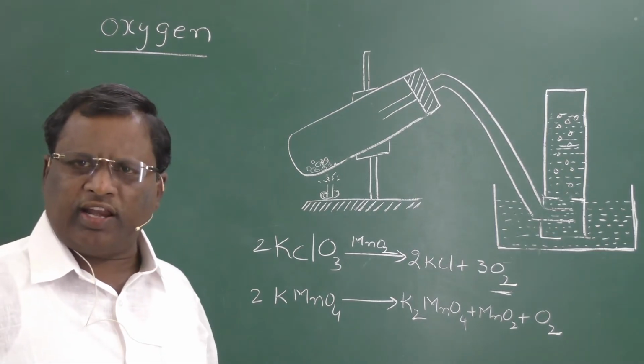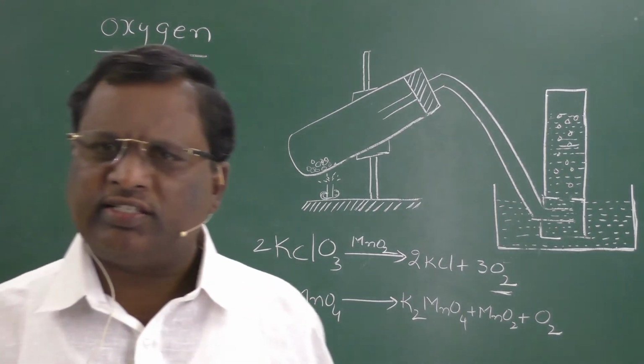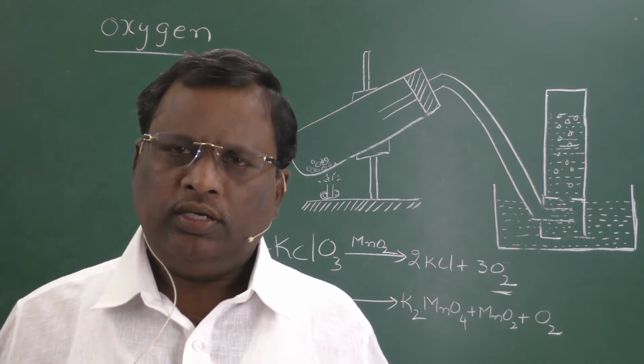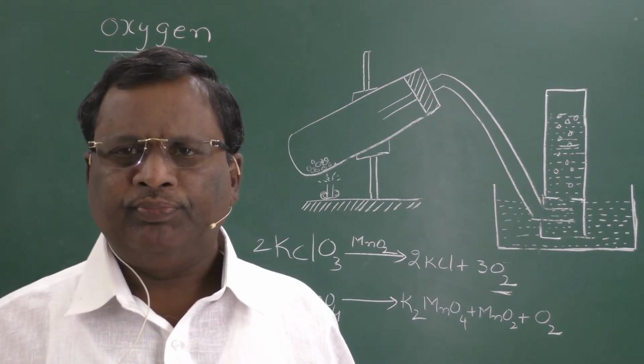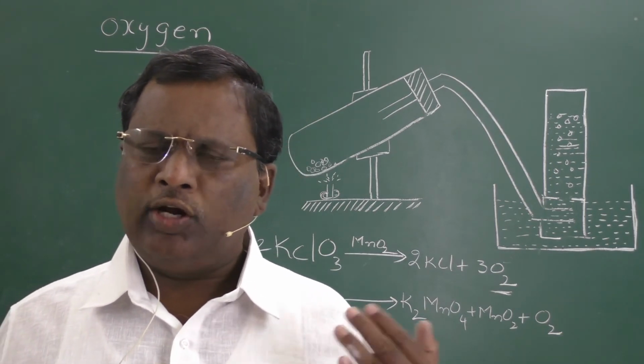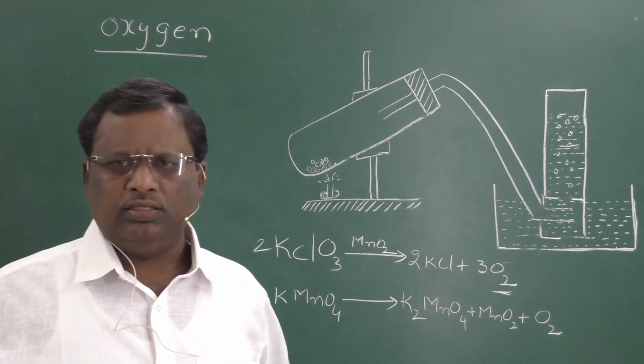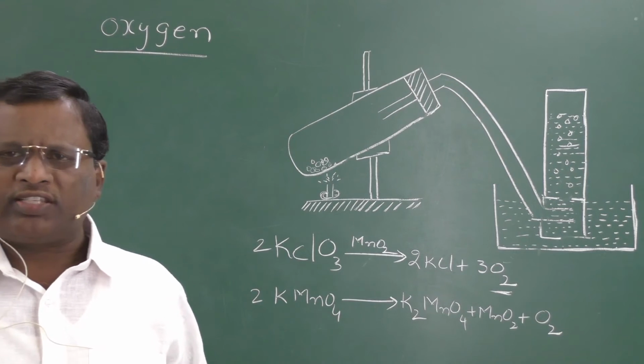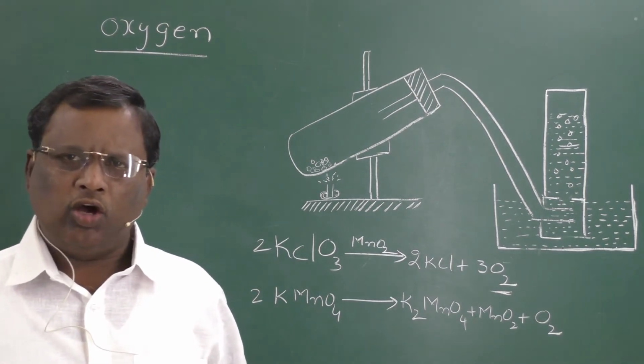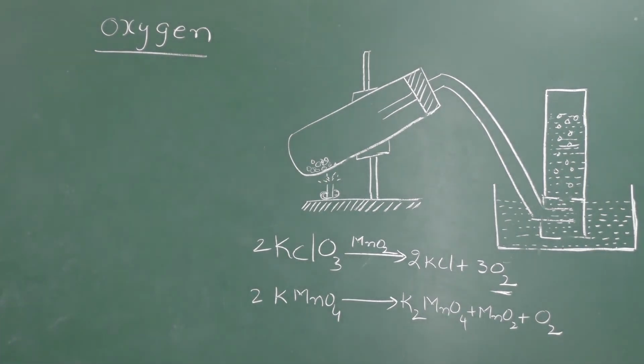Now, oxygen will react with almost all elements in the earth's crust, including all metals. With metals, it forms peroxides, dioxides or oxides.